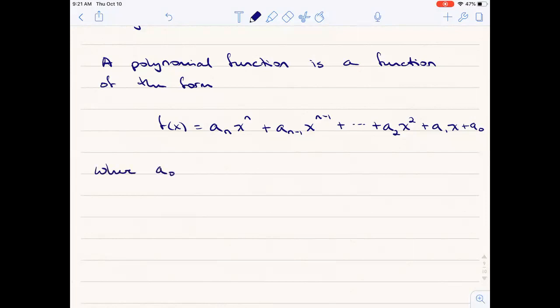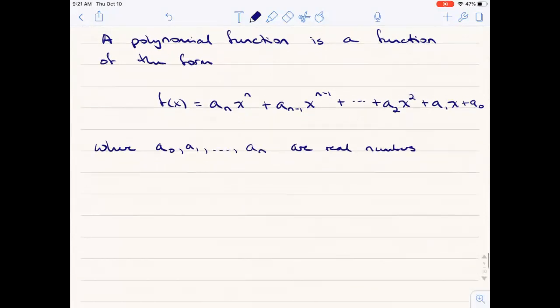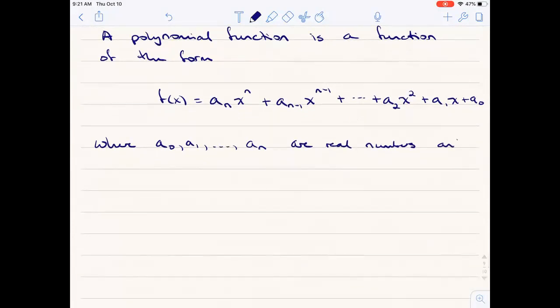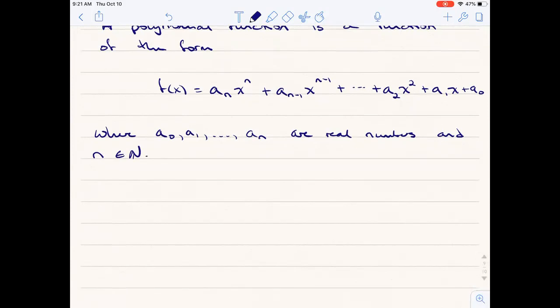Where a_0, a_1, all the way up to a_n are real numbers, and n is in the set of natural numbers, which we know now is just 1, 2, 3, 4, and so on.